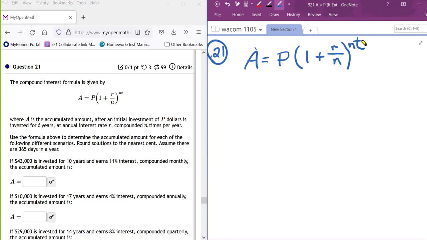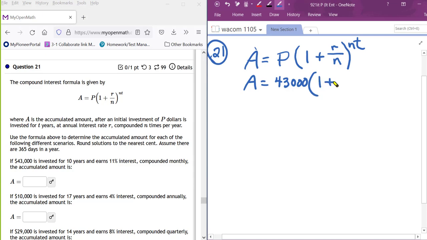So for our first question, we're looking for the accumulated amount. We are investing $43,000. So that is your P times 1 plus our rate, 11%, right? 11%. Drop your percent and go 2 places to the left. It goes in as 0.11. Divided by your compounding intervals.